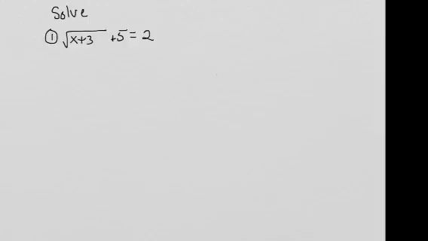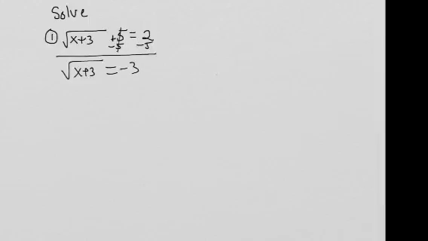So the first thing we want to do is isolate the radical, to leave this part by itself on the left side of the equation. So I'm going to subtract 5, and so I get the square root of x plus 3 equals negative 3.